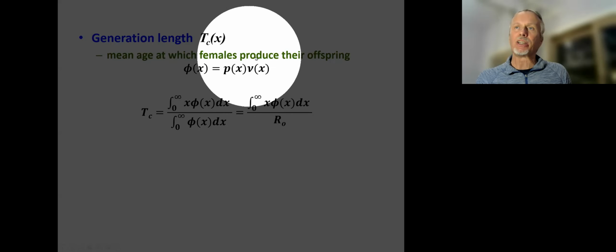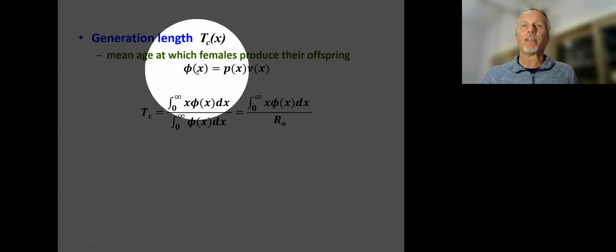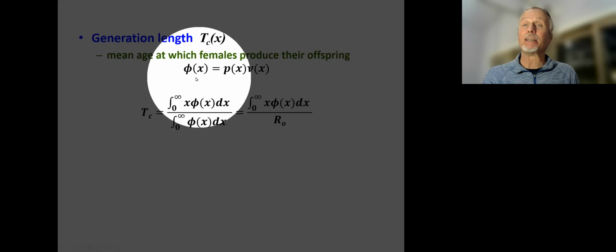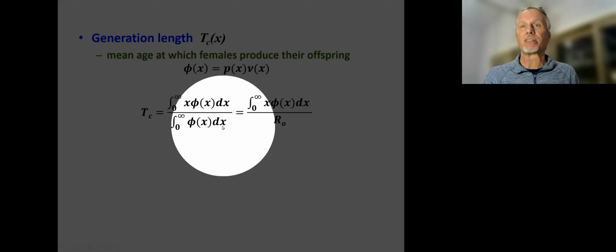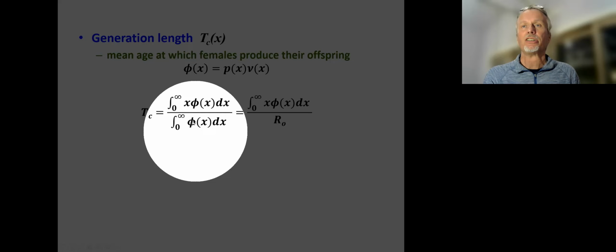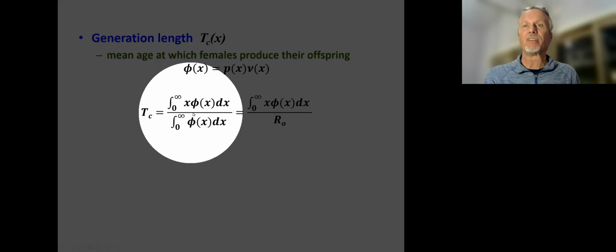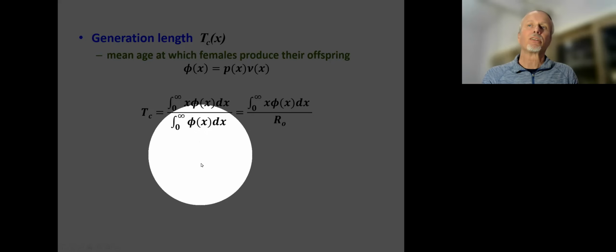F of x, as we computed before, is not a probability density, and so in order for that to be the case, we need to integrate phi of x between 0 and infinity, and divide phi of x by this number, so that the integral between 0 and infinity of phi of x divided by this denominator is equal to 1.